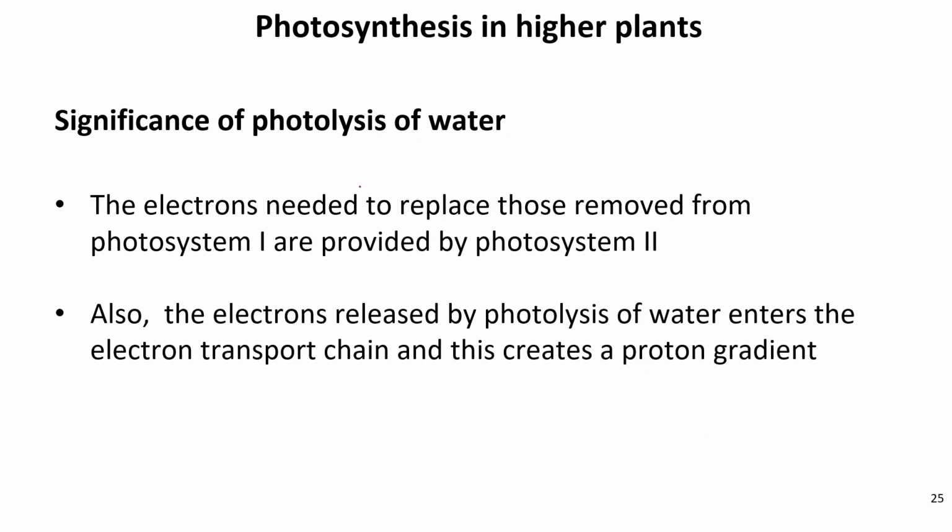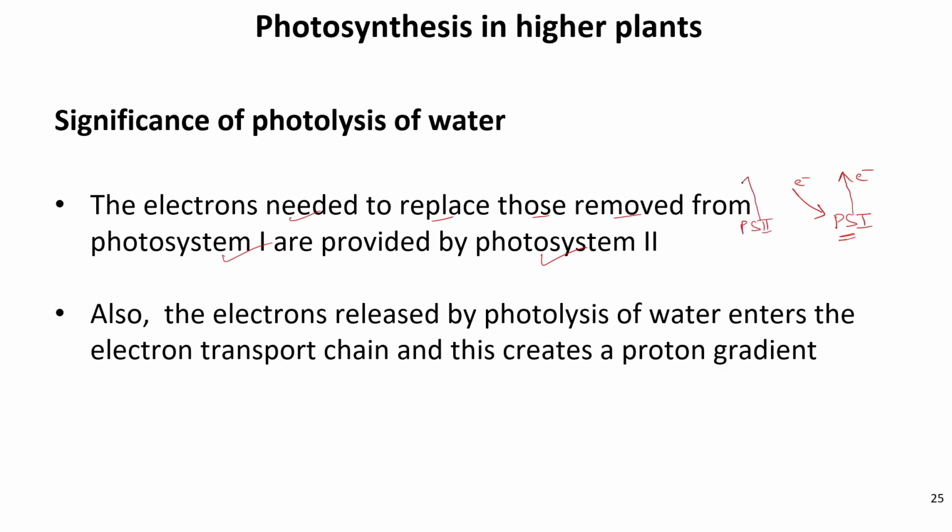Now, the electrons needed to replace those moved from photosystem 1 are provided by photosystem 2. Similarly, we have photosystem 1, which also gets excited and releases electrons. The electron vacancy of photosystem 1 is filled by the electrons from photosystem 2.